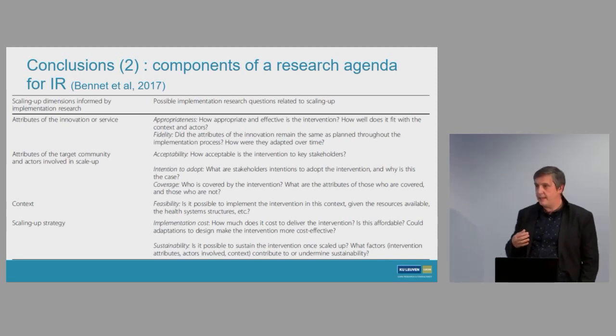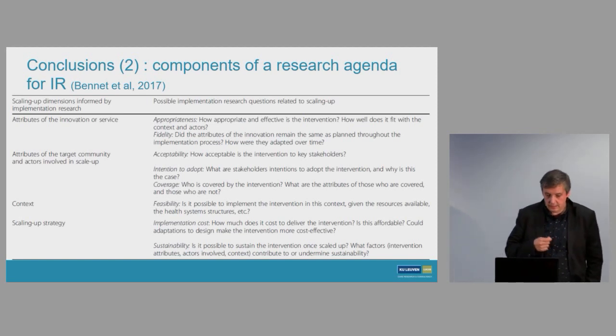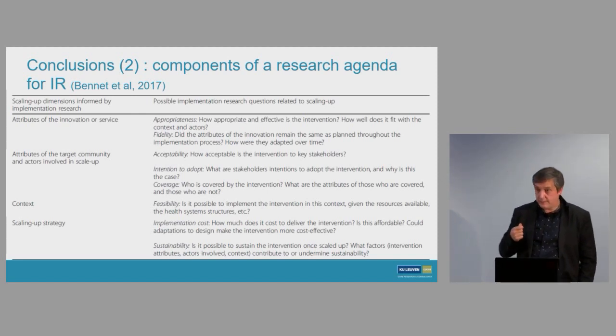The intention to adopt. Do they really want to do it or not? A lot are saying we want to do housing first, but how strong is their intention to adopt? Who is covered by the intervention? Is the intervention feasible? What does it cost?